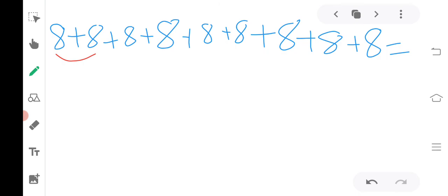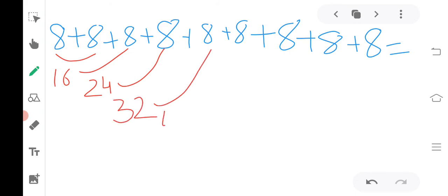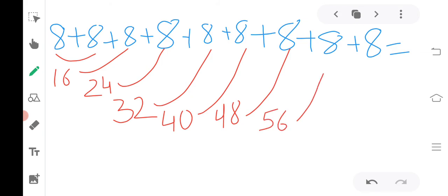8 plus 8 is your 16. Then 16 plus 8 is 24. 24 plus 8 is 32. 32 plus 8 is 40. 40 plus 8 is 48. 48 plus 8 is 56. 56 plus 8 is 64. 64 plus 8 is 72.